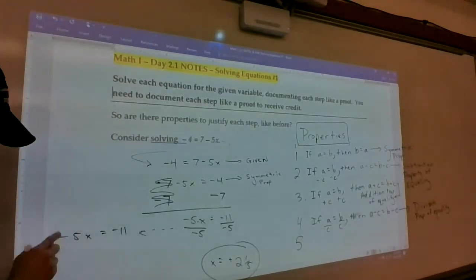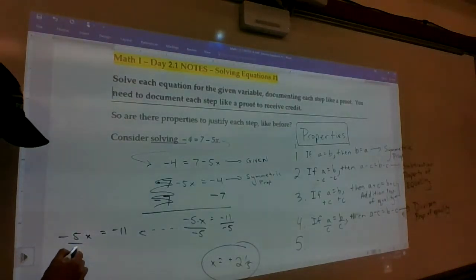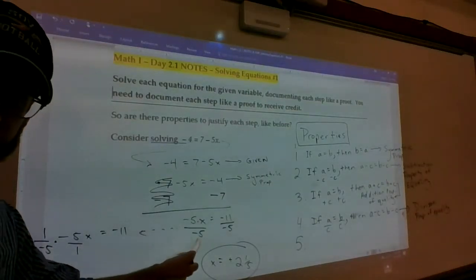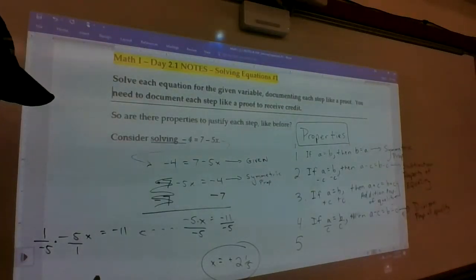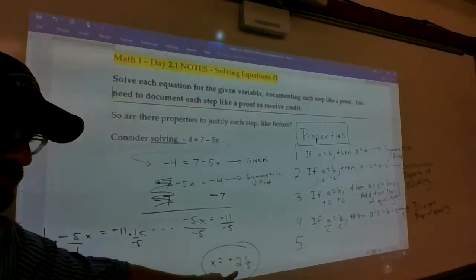All right? What's the inverse of negative 5? Well, the inverse of negative 5 over 1 is 1 over negative 5. So technically, dividing by negative 5 is the same as multiplying by negative 1/5, which will yield the same solution.